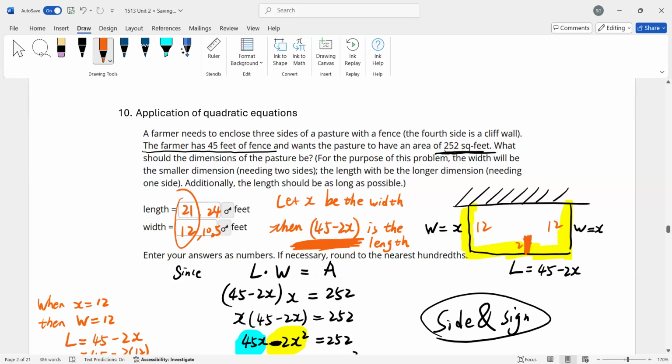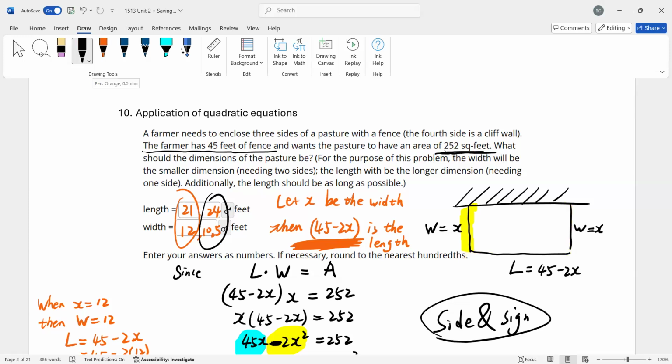What about the area? If we multiply the length by the width, 21 times 12, the area is 252. So the first set is correct. Let's see the second set. Don't rush, okay guys? Take your time, especially when it's an application problem. A lot of information, be very careful.